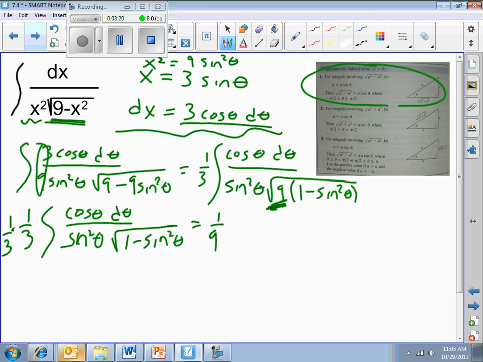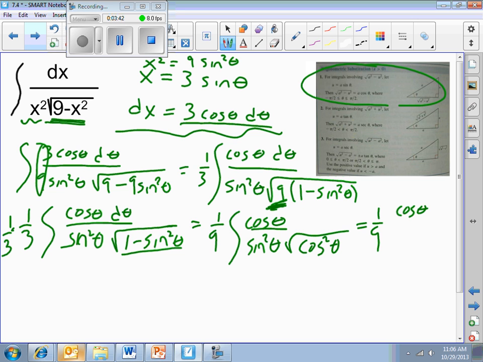All right, rewrite this. 1/9 the integral of cosine theta over sine squared theta times the square root of 1 minus sine squared, which using the Pythagorean identity is cosine squared theta. So that's equal to 1/9 cosine theta over, integral d theta, over sine squared theta.